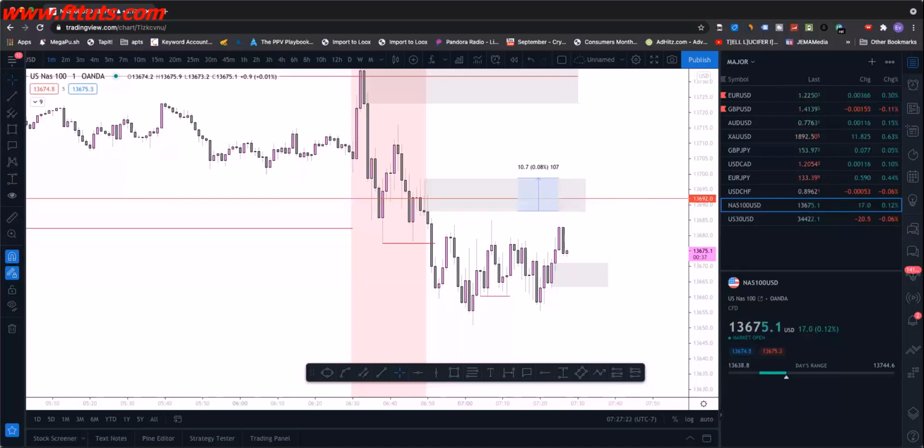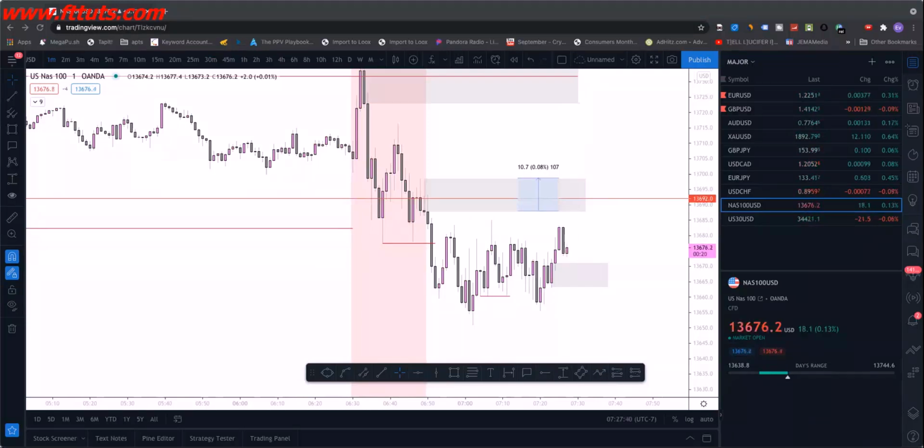Spread's a bit thicker, so I might move this up just a tad. That way I get filled. Okay, it's gonna miss this one, which is fine. Don't care. I was hoping for a little bit lower.